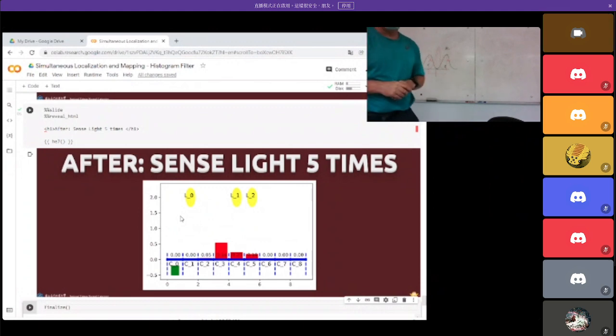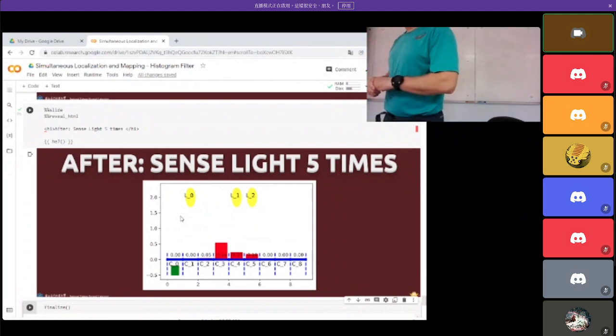Even if I start out with an unknown initial location, where I think everything here is 11%, a 1/9 chance of being the correct cell that I'm currently in, eventually it's going to converge.